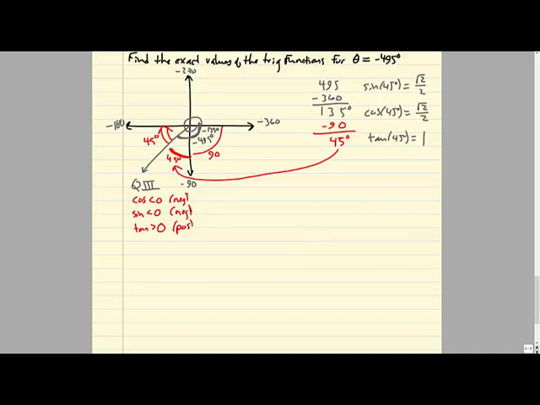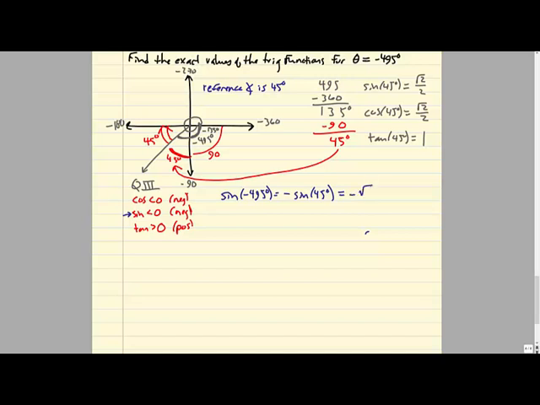Now for this angle of negative 495, I need to use this reference angle. So reference angle is 45 degrees. Okay, so let's look at this. Sine of negative 495 degrees is going to be the negative, because I have it down here, of the sine of 45 degrees using my reference angles.